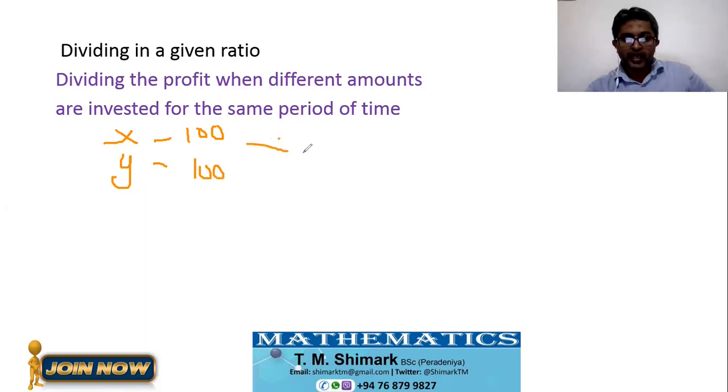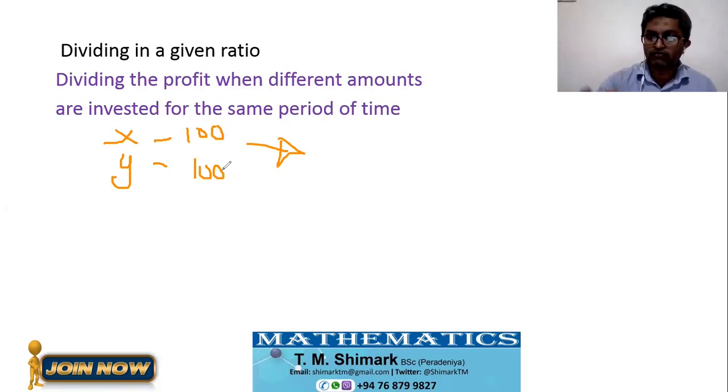At the end of the year, or the same period of time, they will have to divide the profit. How? That's the question. They are investing an equal amount for an equal amount of time.